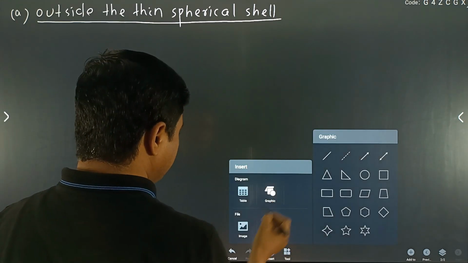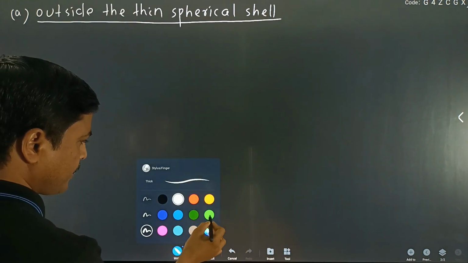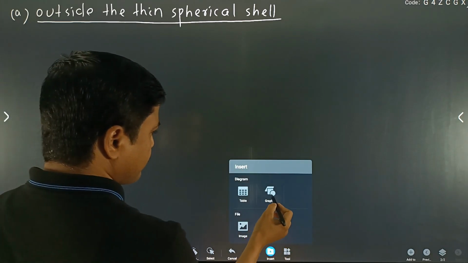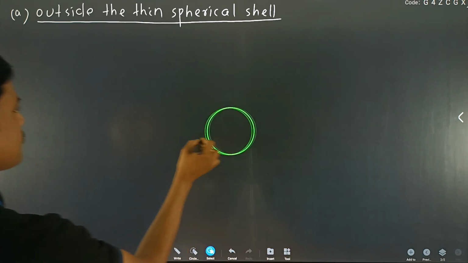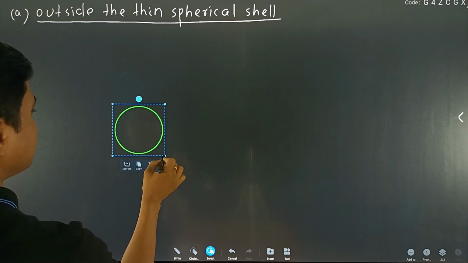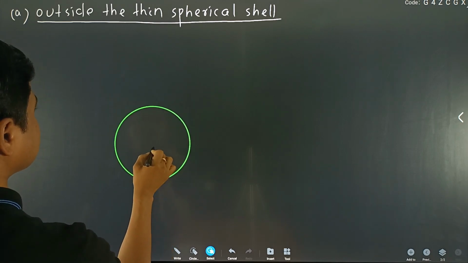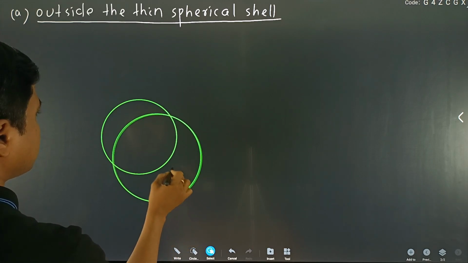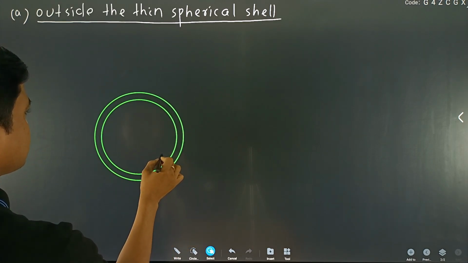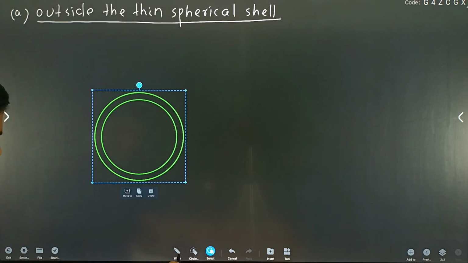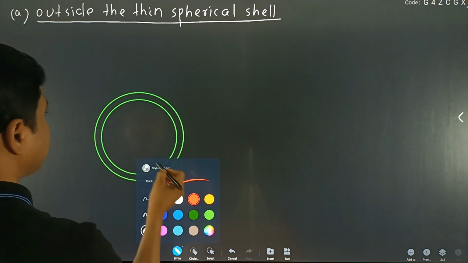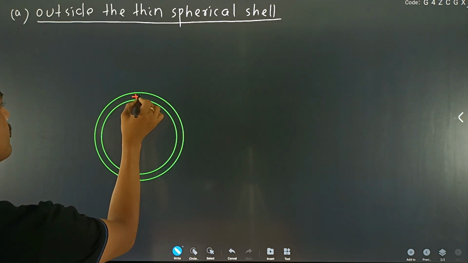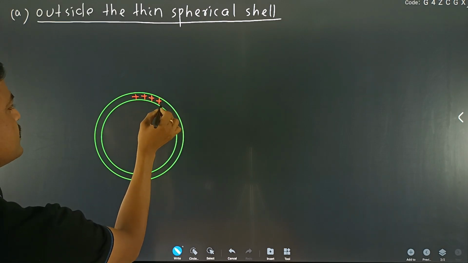You take a thin spherical cell. Suppose this one is the inner surface of the thin spherical cell, and this one is the outer surface of the thin spherical cell, suppose. And the thin spherical cell is positively charged.